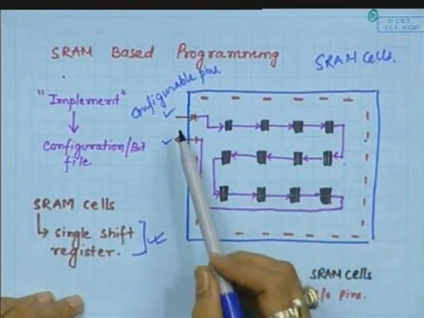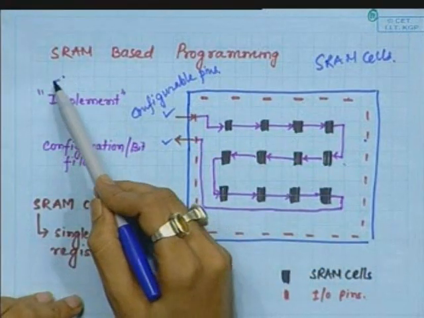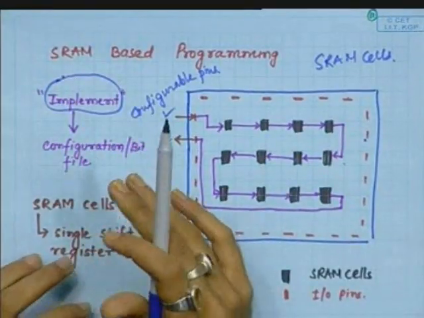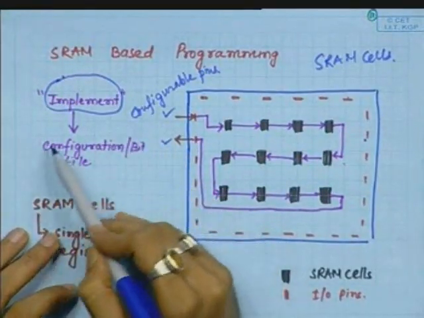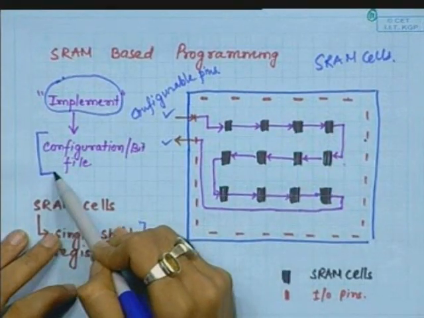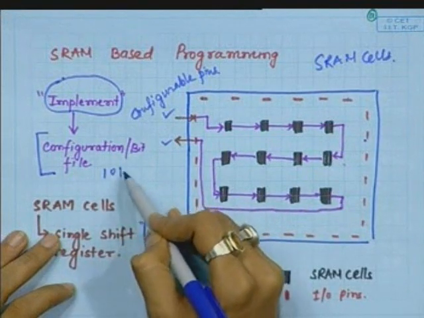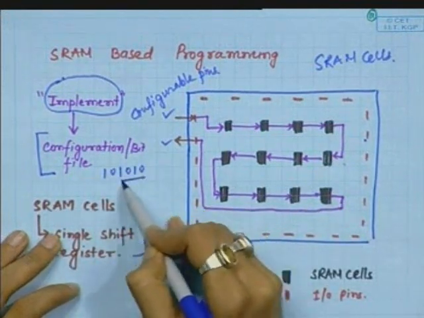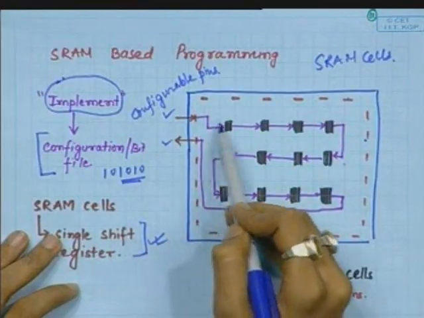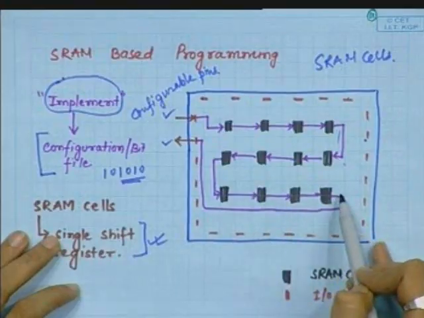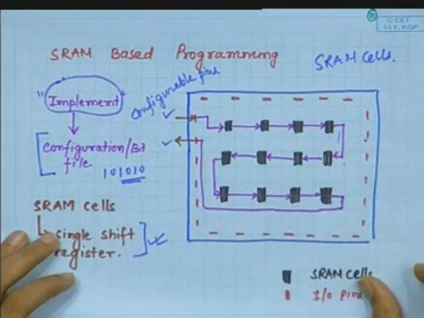When you implement a logic into a device specific, that is, into an FPGA device, it generates a configuration or bit file, which contains bit streams. These bit streams are serially loaded into these SRAM cells. Now this is all about SRAM based programming.